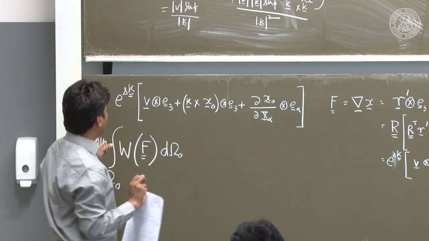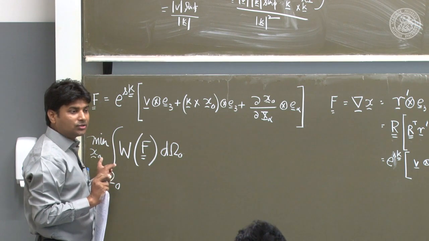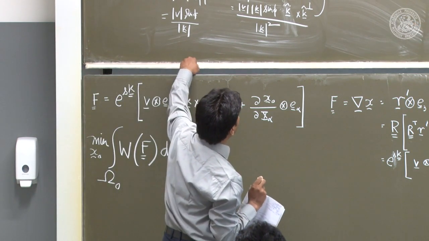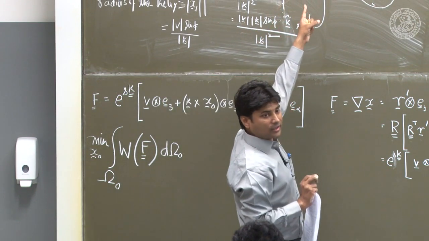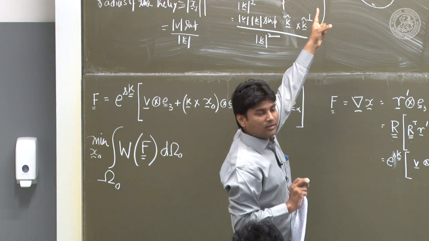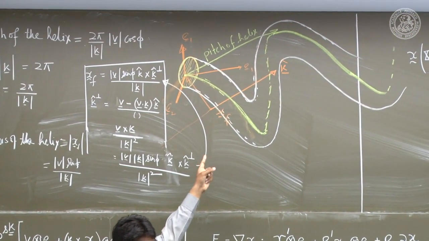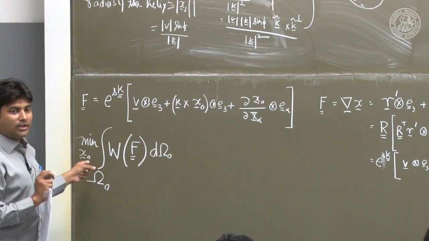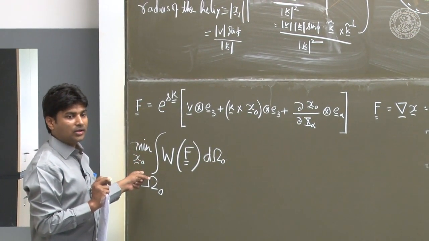For example, it could be possible that your little x naught turns out to be such that the cross section does not have its center line at the origin, because when we do this minimization, I am not saying that please keep the center line at the origin, right.